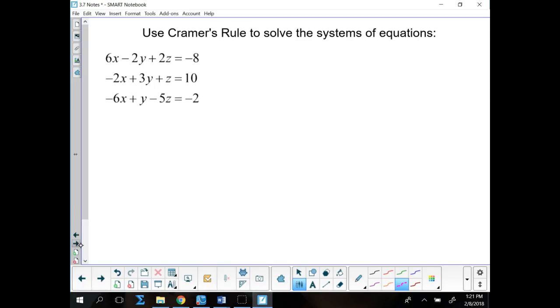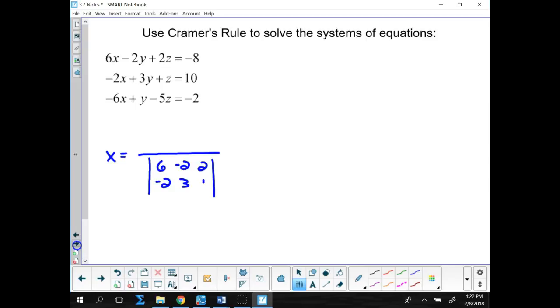So, again, the pattern is the same. The pattern is the same. Okay? So if I'm solving for x using Cramer's rule, my denominator is going to be 6, -2, and 2, -2, 3, and 1, -6, 1, and -5.